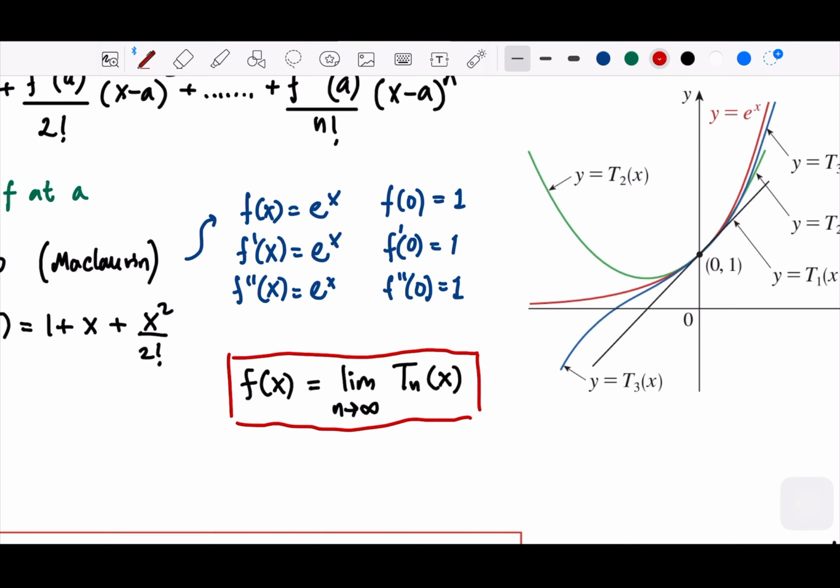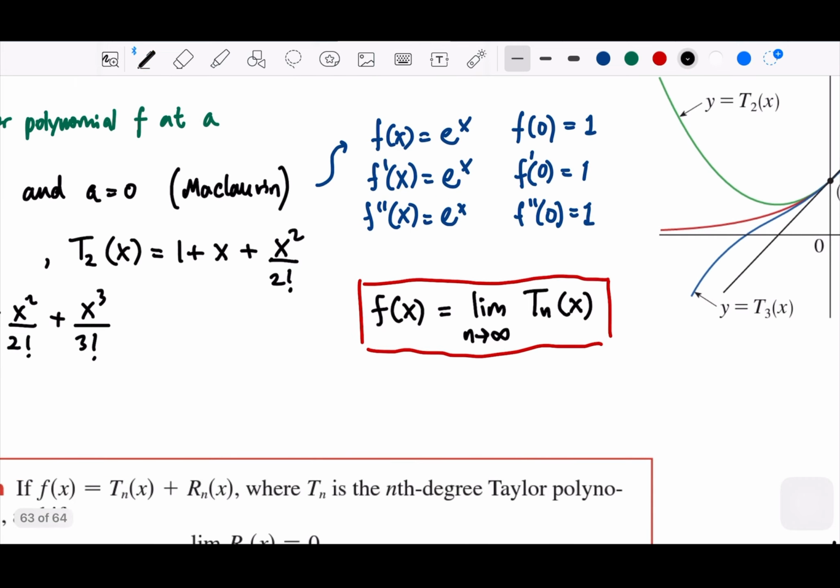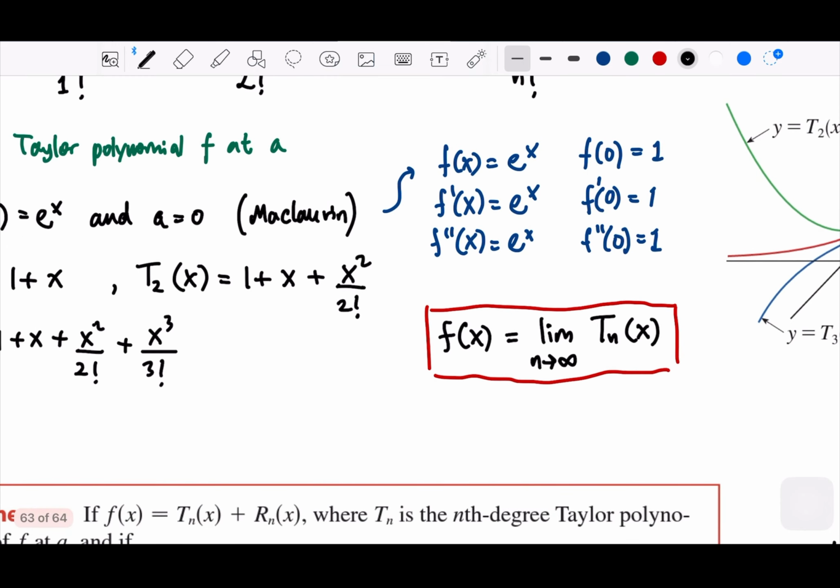And of course, still in reality, there will be some sort of small gap that we call the error, right? Between the exact value and its limit. Okay, and we can rewrite the error. So let Rn be the gap between these two.